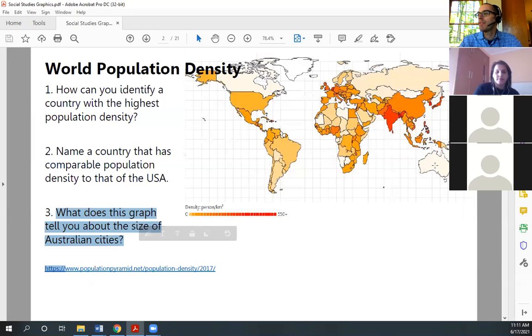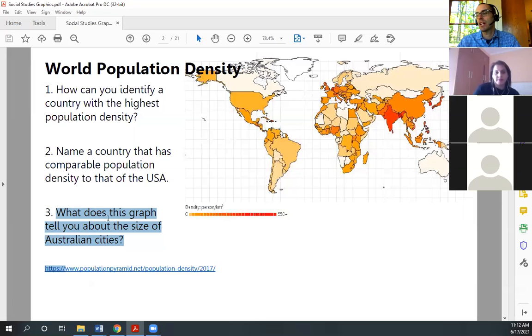But what we could maybe figure out is there are cities in Australia, big cities, millions of people, but there's a lot more empty space in Australia. So when you take all those people in a couple of big cities and spread them out across the whole country, you still have a very low population density.